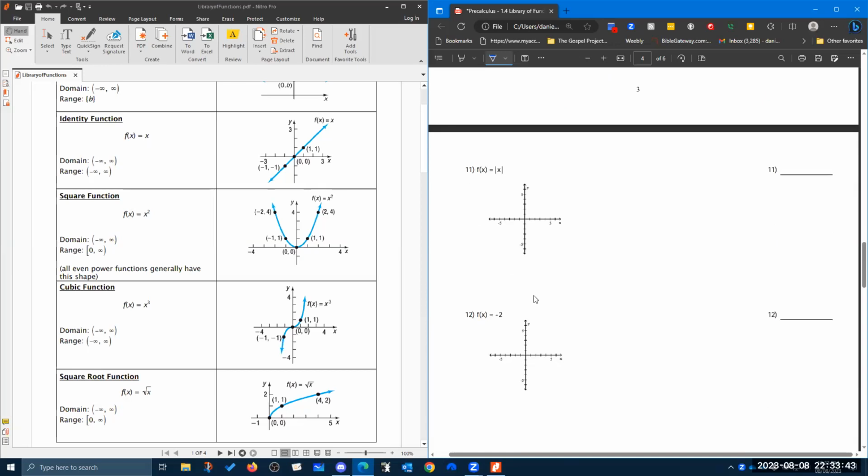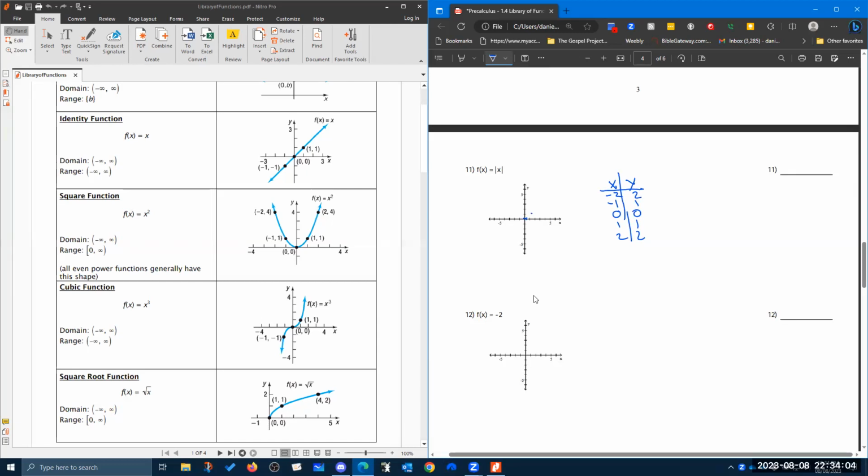Now let's try y equals the absolute value of x. It's got the point 0, 0, the point 1, 1, the point 2, 2, the point negative 1, 1, and the point negative 2, 2. So there's 0, 0. There's 1, 1.